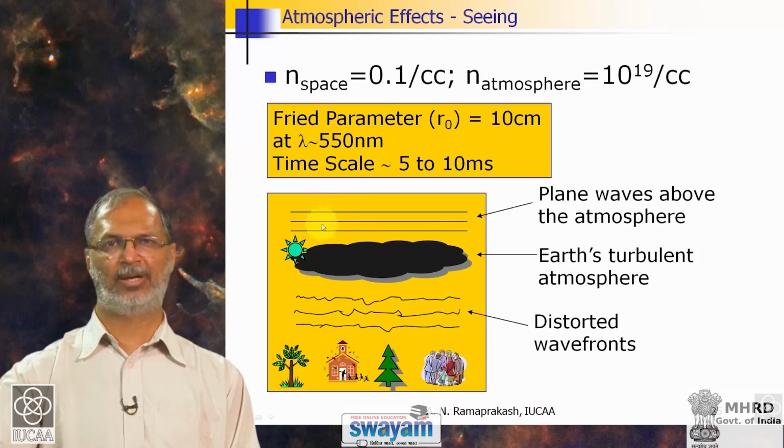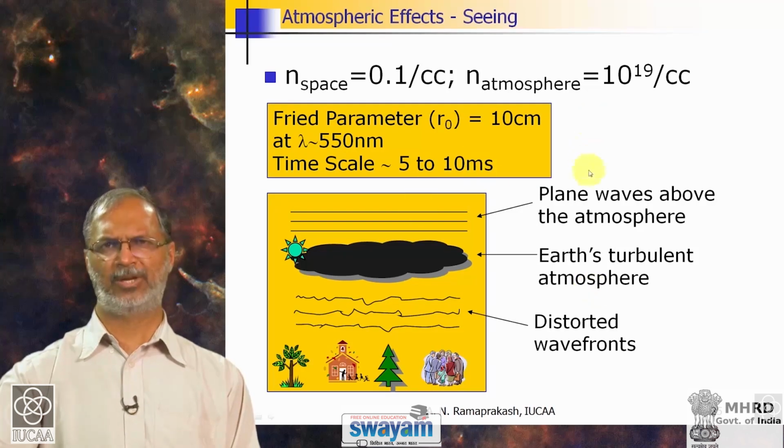So, one ray of light passing here, and another ray passing here, more than 10 centimeter or so separated, would see effective distances at any given time that are completely uncorrelated. They would have no relation with each other.